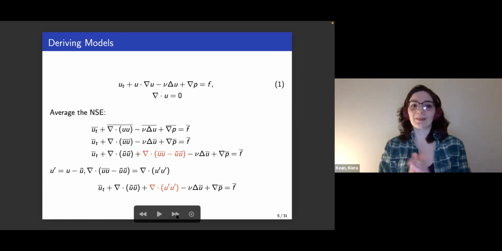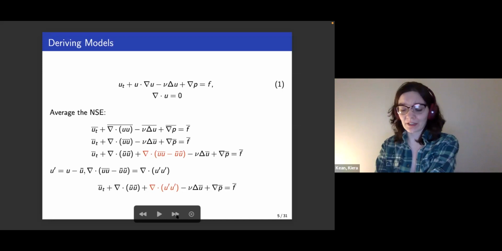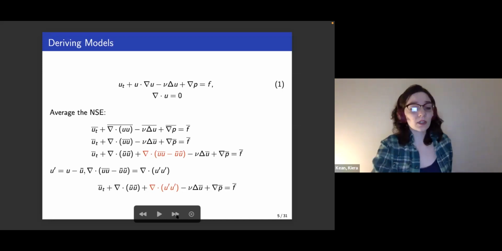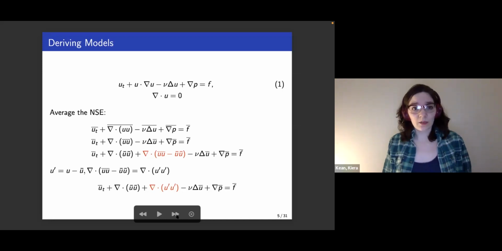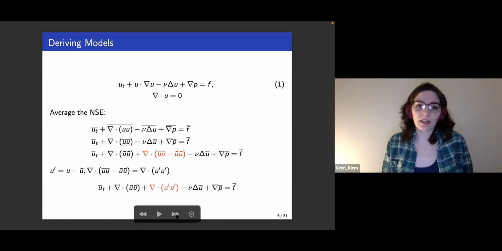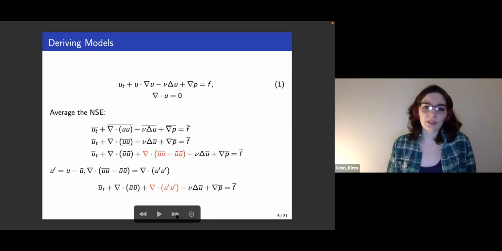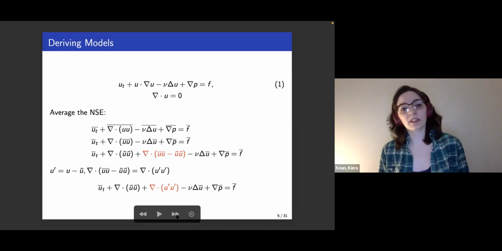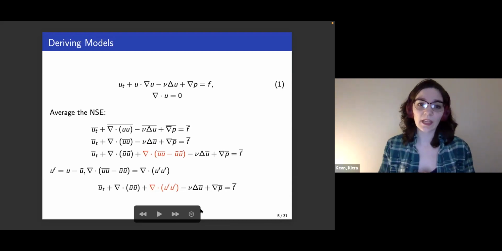When we take a step back and look at how we would actually derive these models, we have the Navier-Stokes equations in the incompressible case here. That's equation 1, and we take the average, currently just a generic averaging operator, which will commute with derivatives. The only place where we have something different is in our nonlinear term.